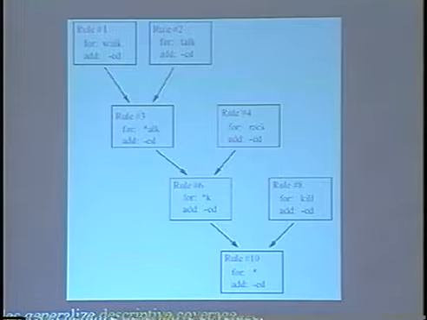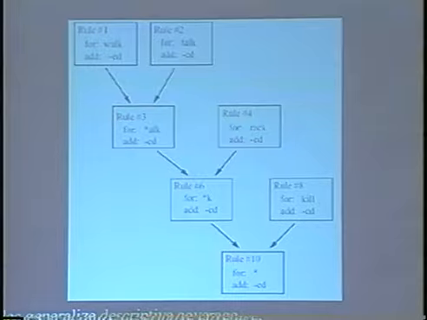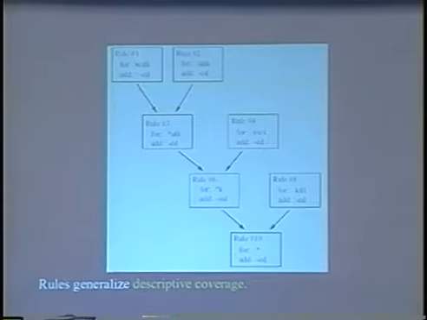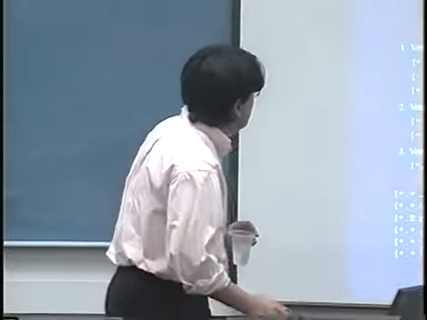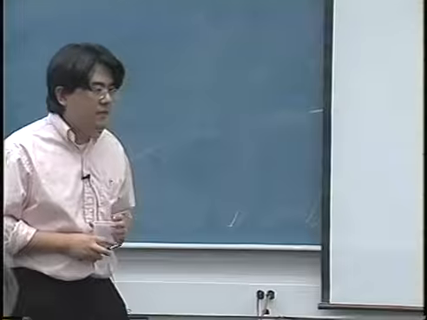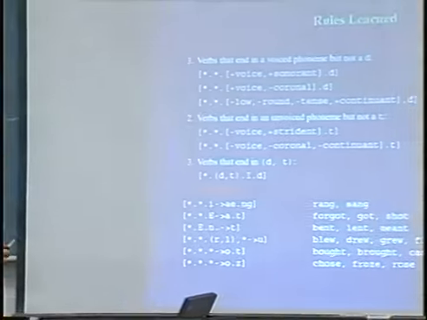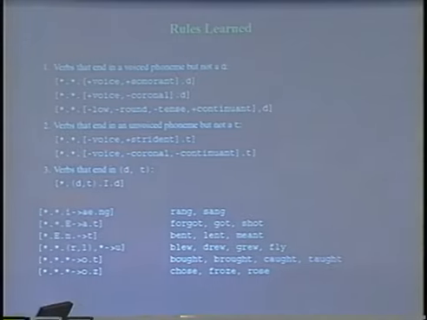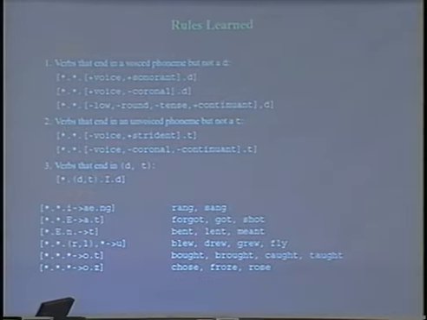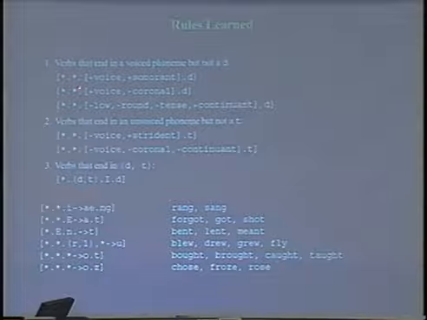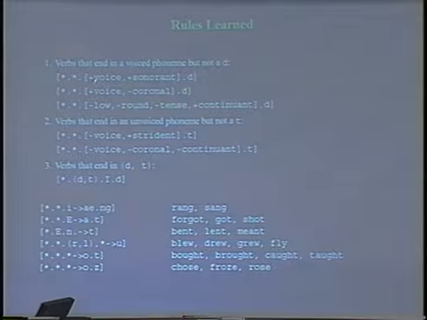So this rule has generalized the descriptive coverage of individual words, and there are phonological changes. So here are actually the rules they've learned. This is the result of Sussman and Yip's paper, which I think hasn't got enough attention in the cognitive science and computational linguistics field. So they learned some rules that, if you look at the rules, it says, if the last segment is plus voice and plus sonorant, you add a d.